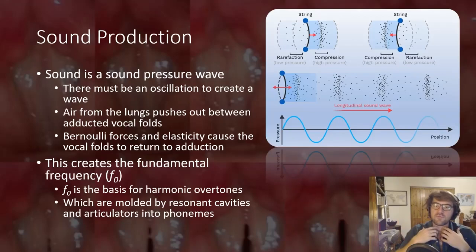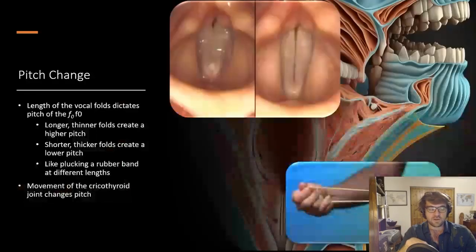So an ah, e, oo. If you're producing the same fundamental frequency here at your vocal folds, what you're doing is changing the shape of the harmonic overtones with your mouth, with the resonant cavities here in the pharynx, here in your mouth, the shape of your tongue, and the muscles in the pharynx, and that's what's creating different vowel phonemes.